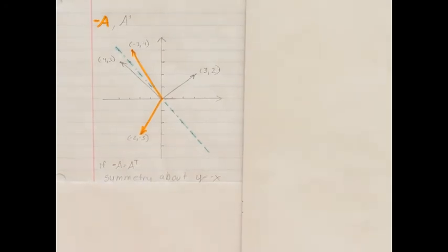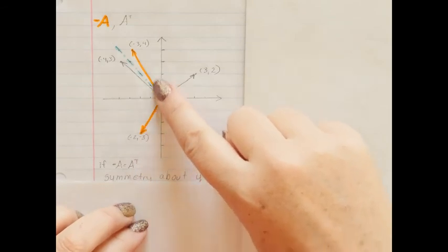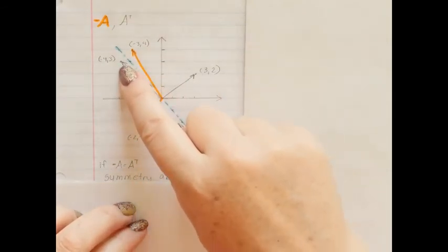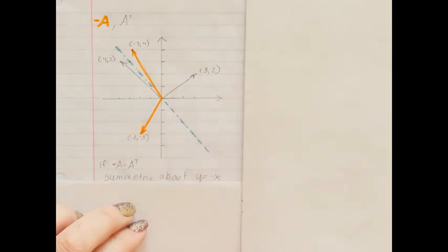Let's take this example because I can hear somebody asking the question, what about negative A and A transpose? What if they equal each other? What does that mean? Well, if you take a look at our graph, A is the one in orange here, and the one in pencil is the A transpose. It is symmetric about the y equals negative x dashed line.